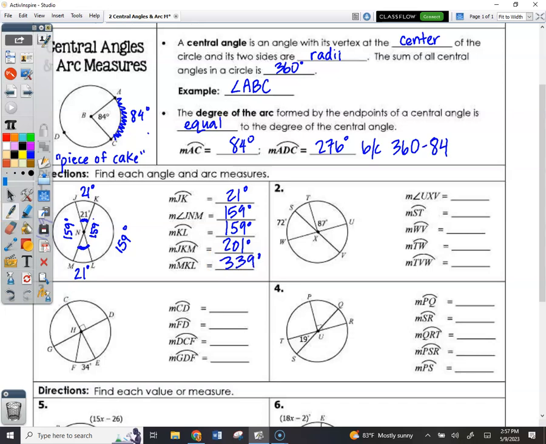All right, let's look at number 2. Let me show you a common mistake I've seen people make. Red means wrong here. I've seen people assume that any two lines make a diameter, and that's not the case.